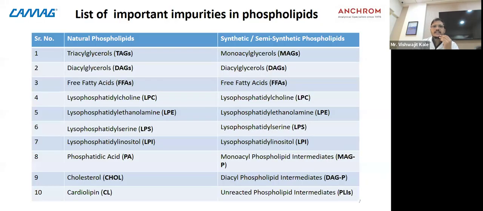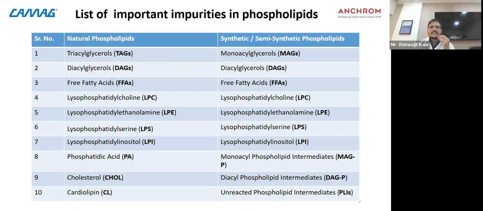So definitely there is a need to check the impurities present in phospholipids, whether manufactured from a natural source or by synthesis. Both are very valuable in industries. Naturally obtained phospholipids are slightly cheaper in price, but the possibility of impurity generation is very high.